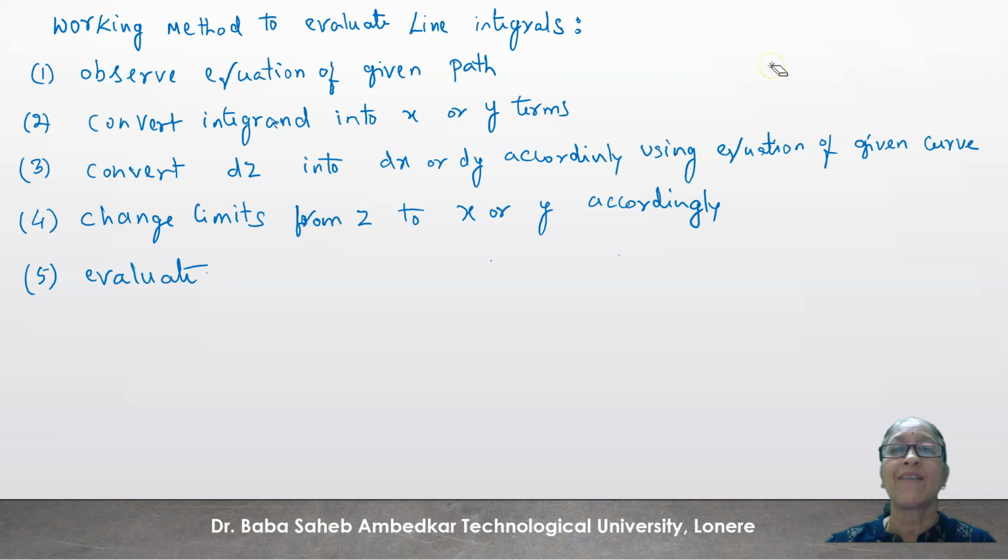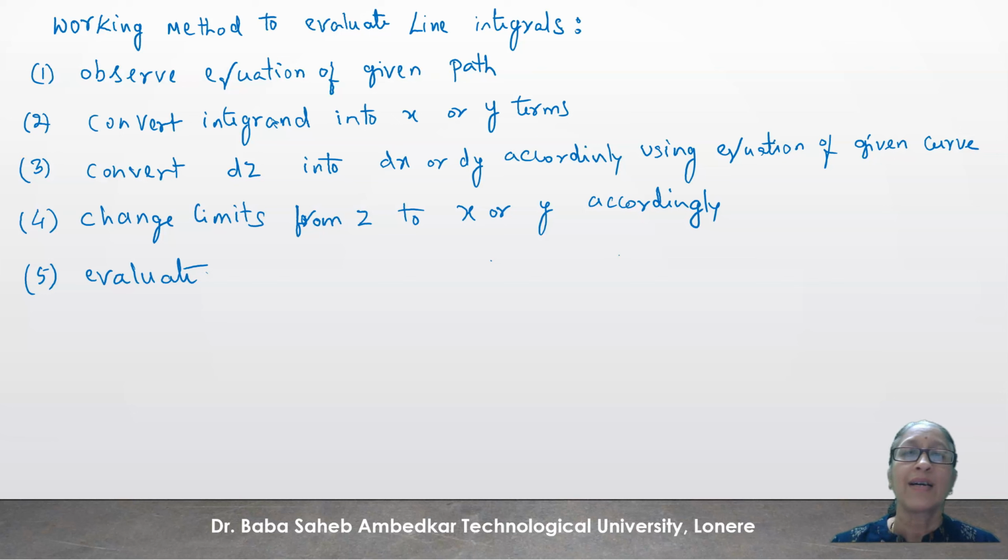Then we have to change even the limits. If you convert the integrand into x terms, then you have to find limits for x. If you convert the integrand into y terms, then you have to find limits for y. Then you have to find dx or dy using the given equation.